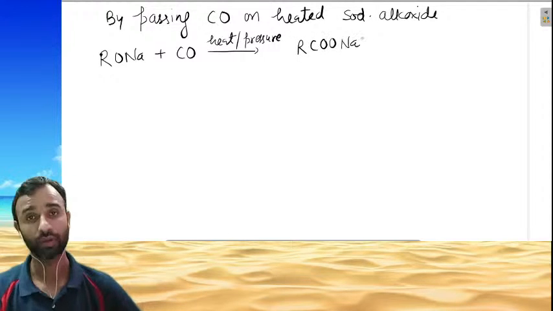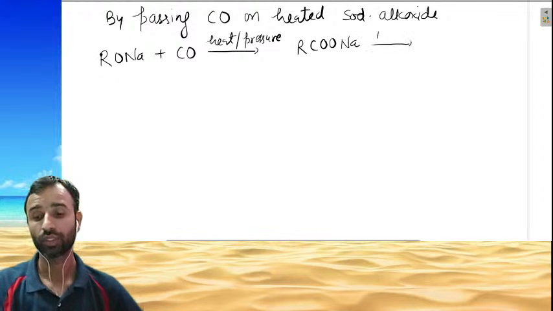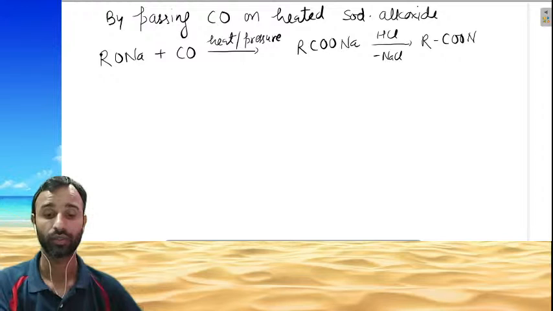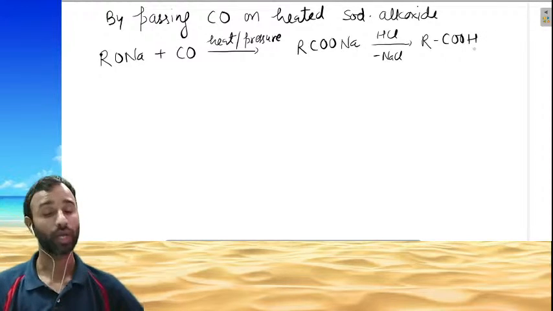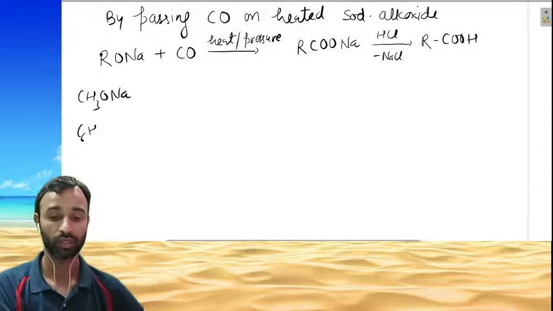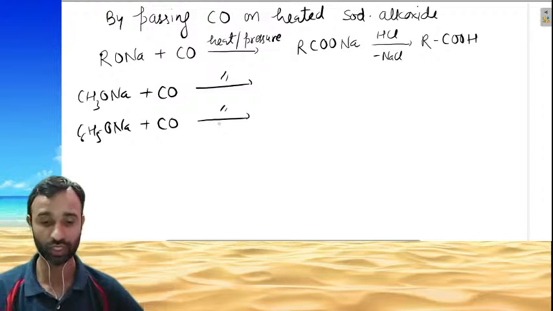We get sodium salt, which on acidification we get carboxylic acid. For example, if we have CH3ONa or C6H5ONa, on treating with carbon monoxide, on heating and under pressure, same conditions.